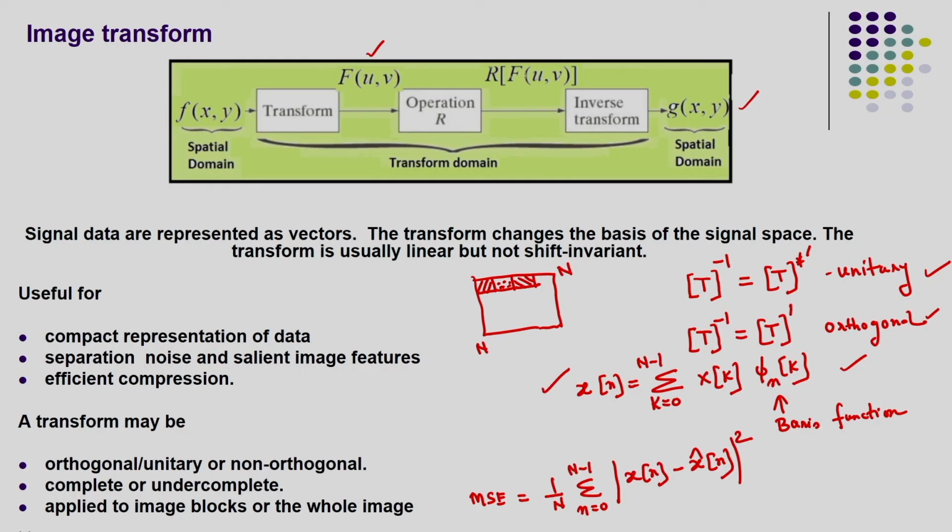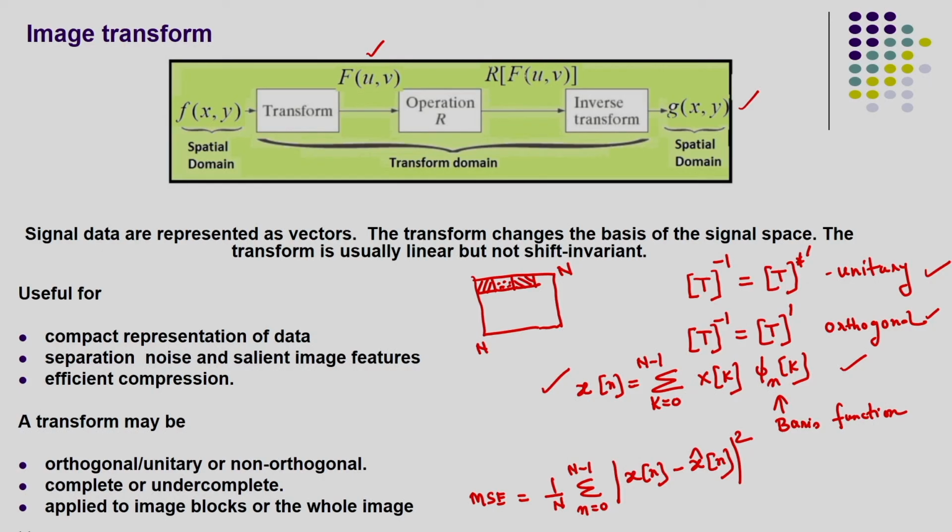So the transformation may be applied to image blocks or to the whole image. This is the definition of image transformation, and the transform may be orthogonal or non-orthogonal, complete or undercomplete, applied to image blocks or the whole image.